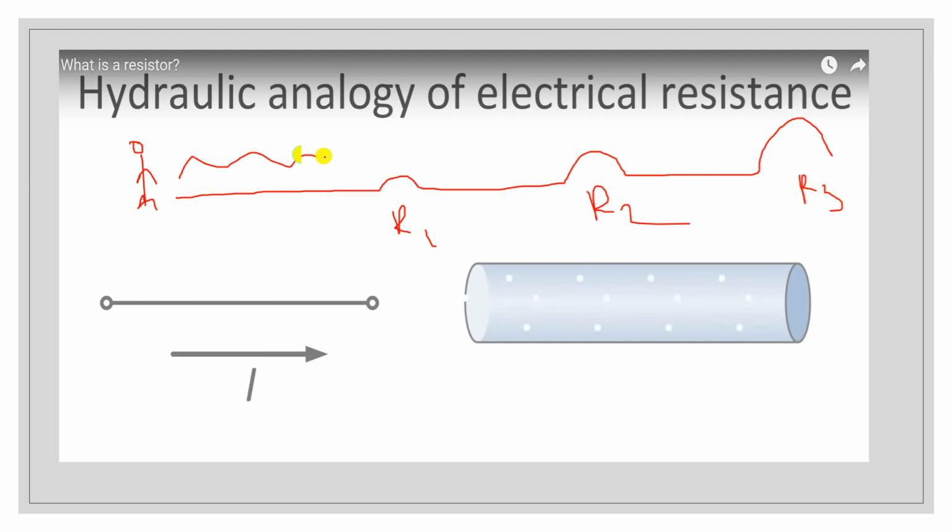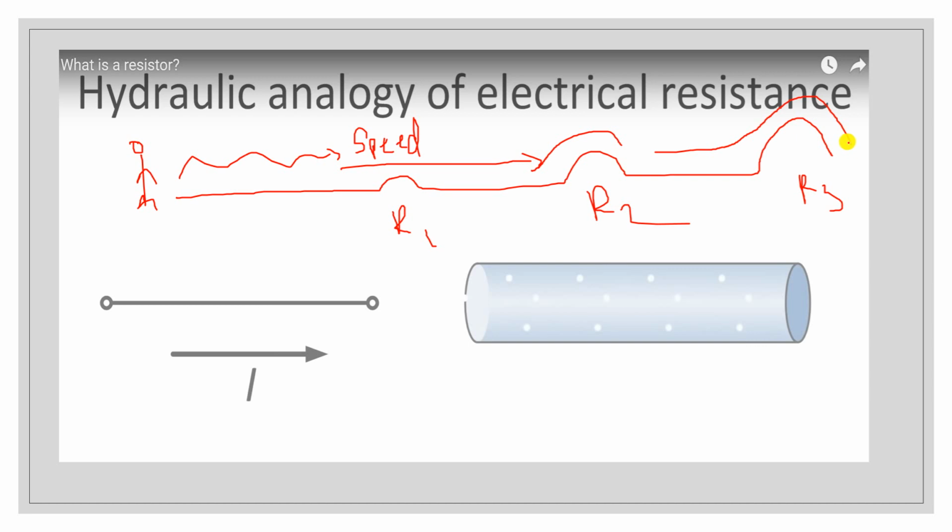The vehicle is moving in this way. When it reaches R1, it gets a small amount of resistance, which means the vehicle speed is limited. If it reaches R2, the speed is again limited, much more than at R1. And when it reaches R3, the vehicle is completely stopped due to this large amount of resistance.